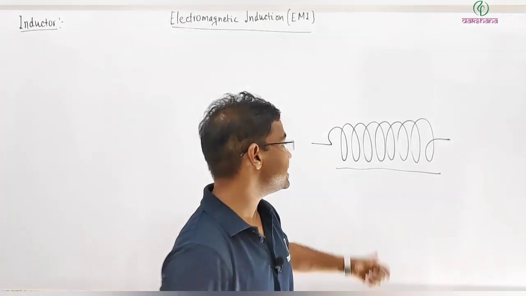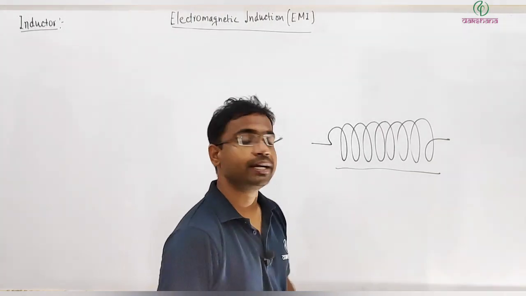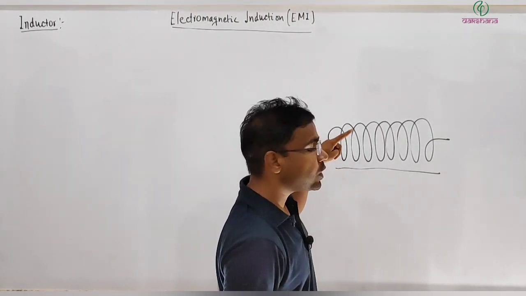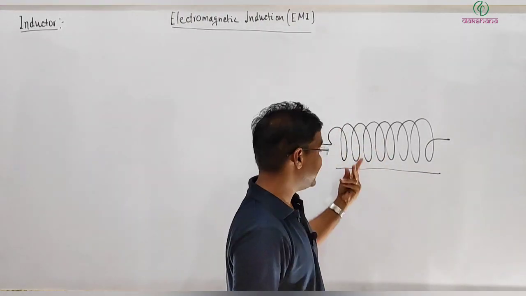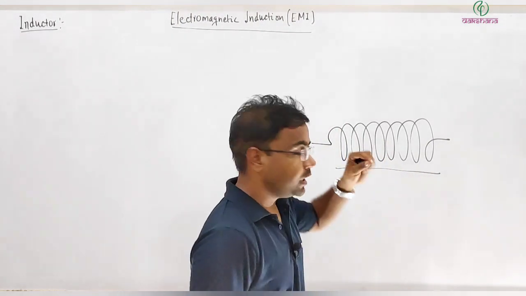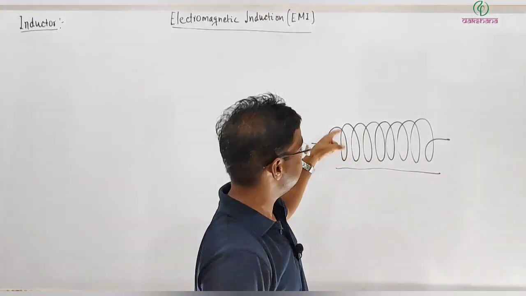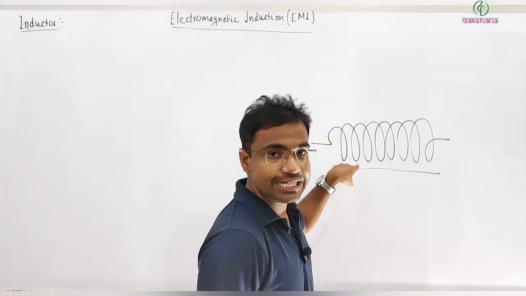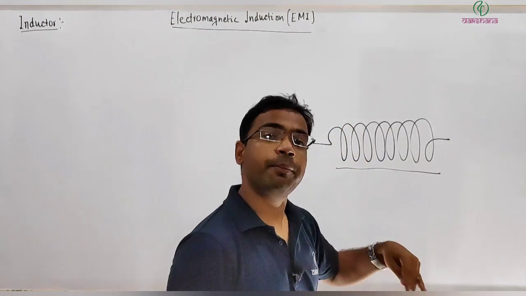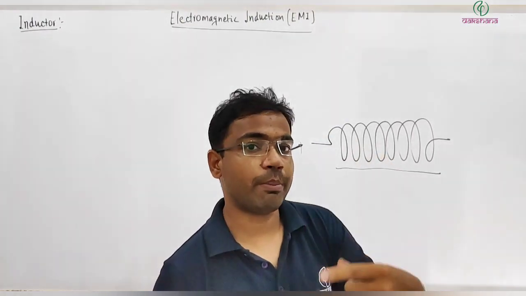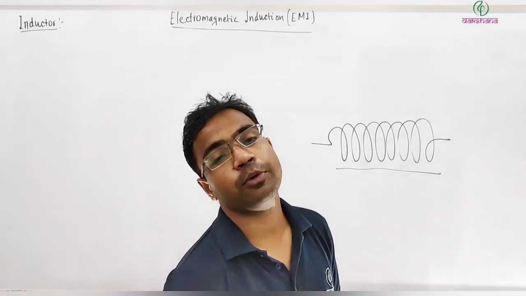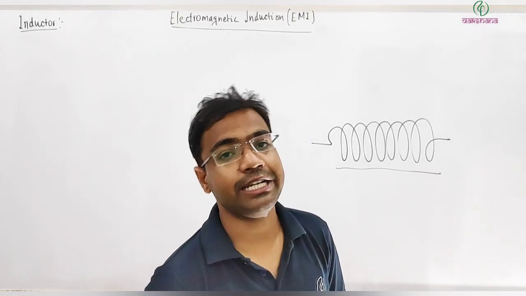We calculated the self inductance, meaning when current is going in this coil itself and is changing, the flux through the coil is changing because of the current in itself. That will be opposed by the coil itself, and we measure that opposing property in terms of self inductance.